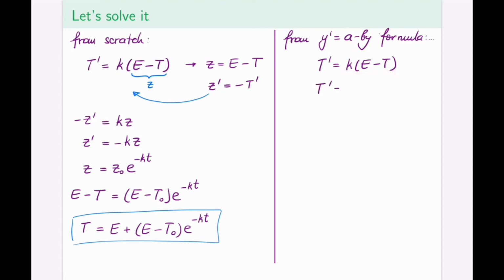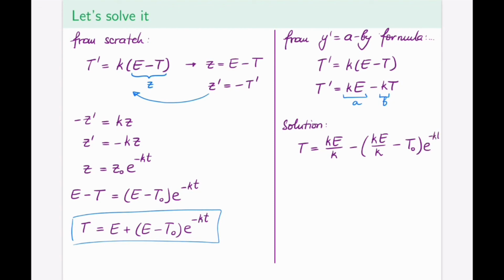So what I have is T prime is KE minus KT, and now I can notice that this will act as A and this will act as B, therefore producing the solution of A over B, so KE over K, minus A over B one more time, so KE over K minus the initial condition T naught, which in this case we cannot assume to be 0. We have not been told to assume anything like that, e to the power of minus KT.